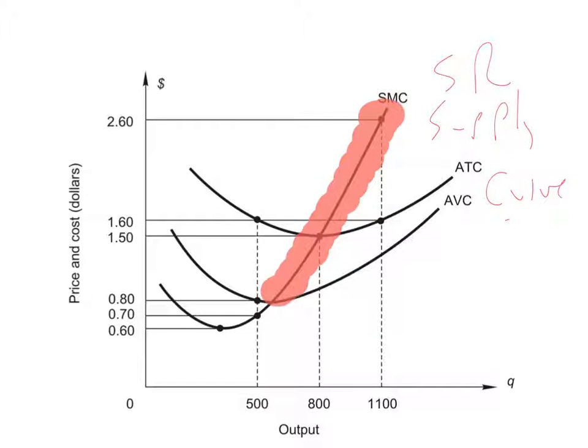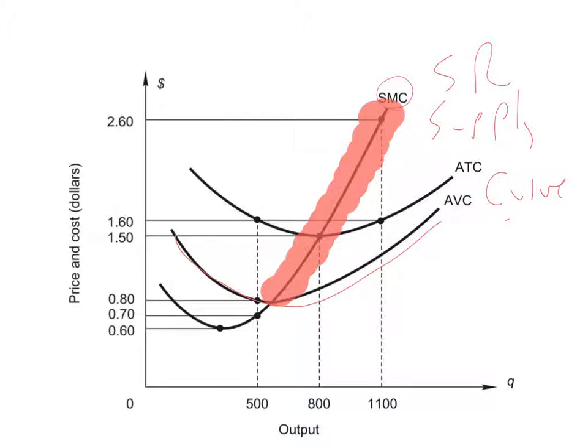It's that portion of short-run marginal cost that lies above the average variable cost. And again, only that portion above average variable cost. Any point below, the quantity supplied is equal to 0.